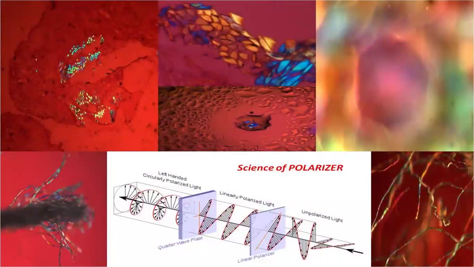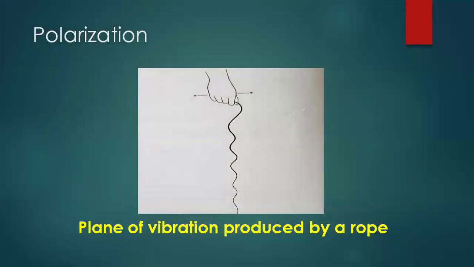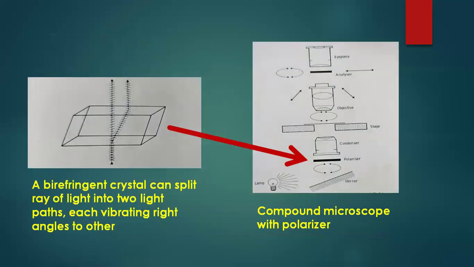The signs of polarization, all these polarization things, from the foreign body, suture, etc., can be seen. Basically, the plane of vibration produced by the rope can have an effect in a three-dimensional way. A birefringent crystal can split the ray of light into two light pathways, each vibrating at right angles to each other, which is analyzed in the compound microscope.